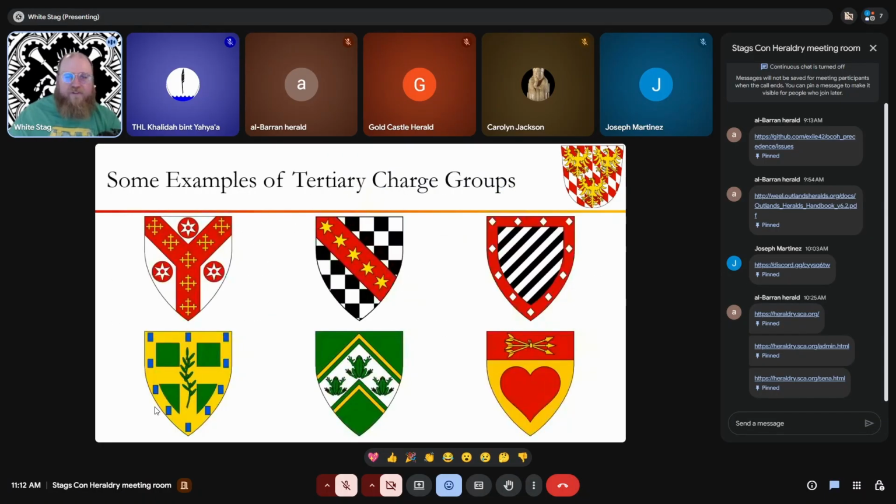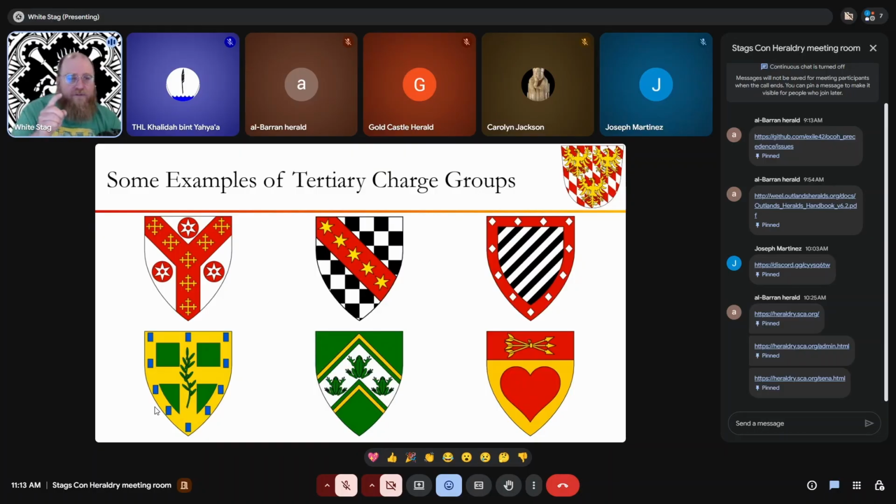So here's some examples. This sorted weird, but we're going to go again clockwise from top left. Here you have a pall, the red Y shape in the middle, that's the primary charge. You have a group of secondary charges, the red roundels on the field. And there are 2 tertiary charge groups here.